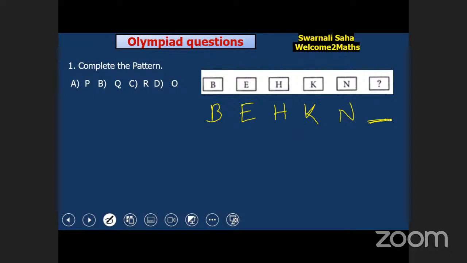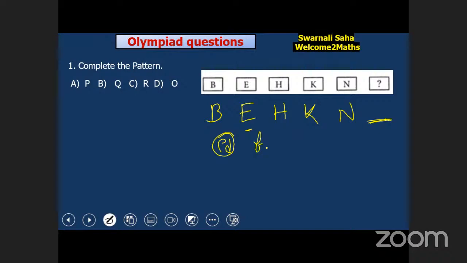Not clear, Reyansh Kumar? Now it's showing B, E, H, K, N. What would be the next letter? Yes, Q. Why? Because you can see B, then C, D. We have to skip C and D, and then E. After E, which letters would come?